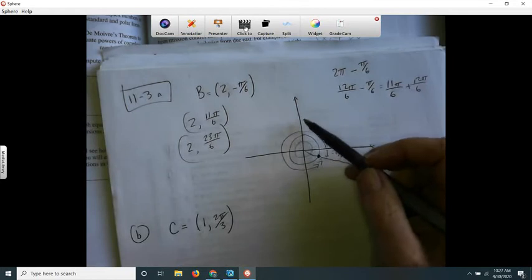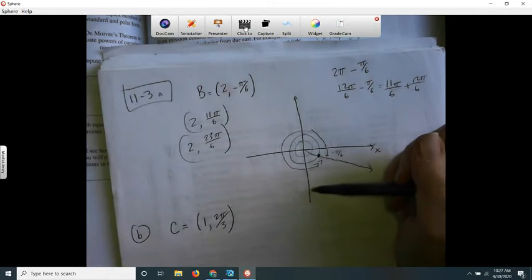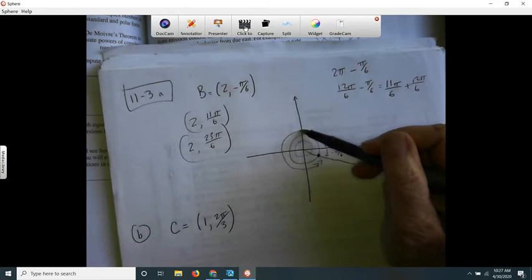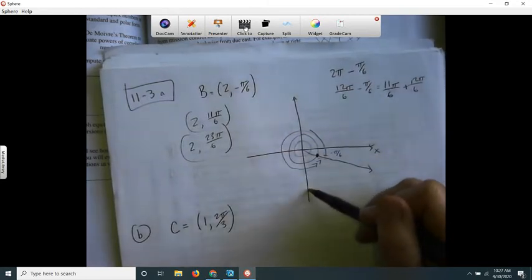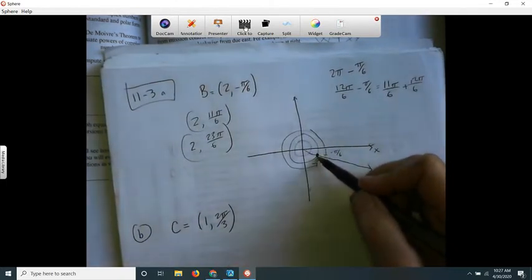This would be 3 pi over 6, this would be 6 pi over 6, 9 pi over 6, and this would be 11 pi over 6.